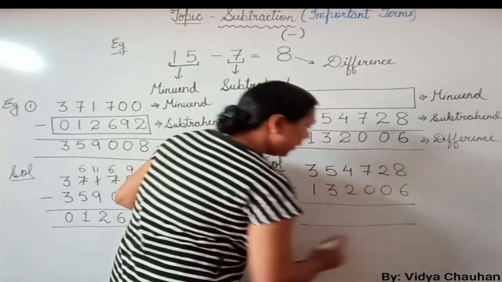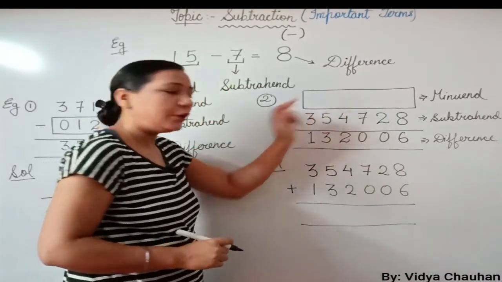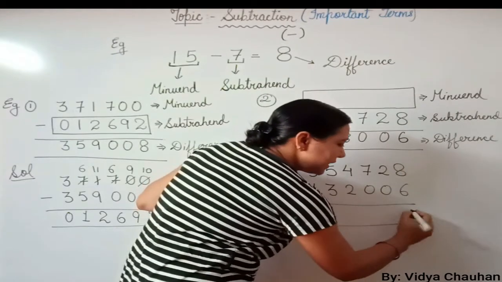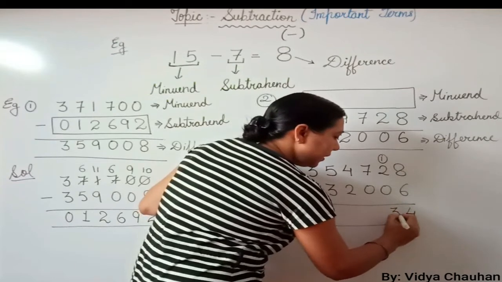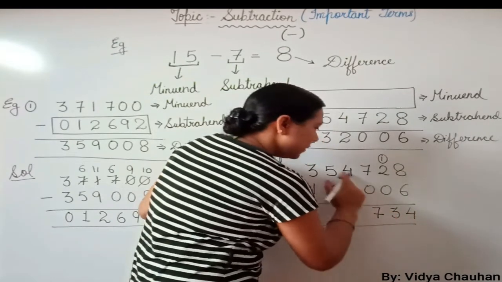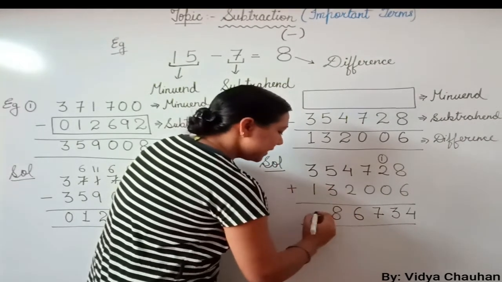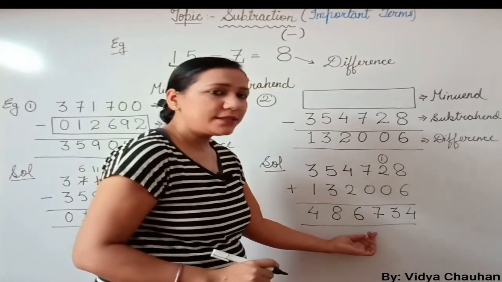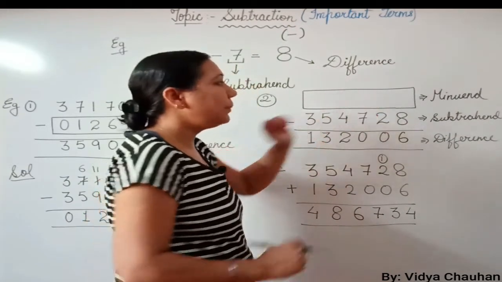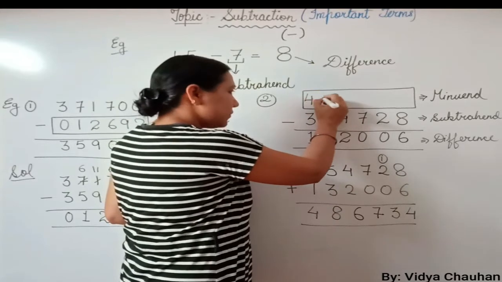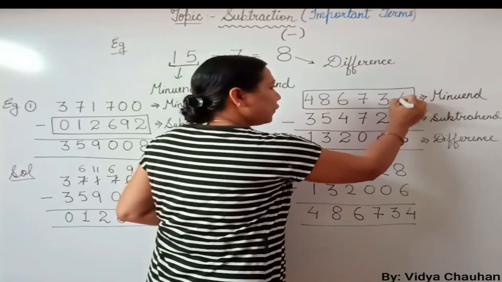Here I am adding the subtrahend and the difference to get the value of minuend. 6 plus 8, 14, 1 carry forward, 2 plus 1, 3, 7 plus 0, 7, 4 plus 2, 6, 5 plus 3, 8 and 3 plus 1, 4. So the answer of the addition of the subtrahend and difference is the value of the minuend. So what is our minuend? It is 4, 8, 6, 7, 3, 4.